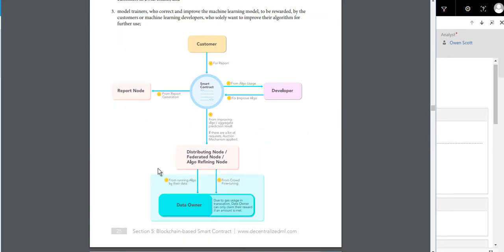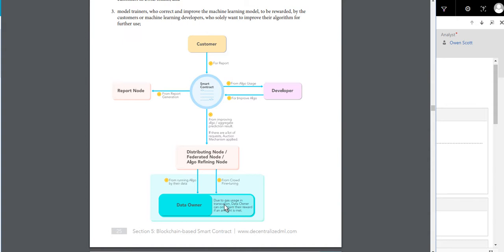And again, I just like this white paper because they are definitely pretty, oh, here they have it, sorry. So here it is right here. So here's the developer, and here's the customer, and here's the refinement, and the data owner, and now they're getting paid from running the algo on their data and from tuning. So this is the payment coming back to the data owner.